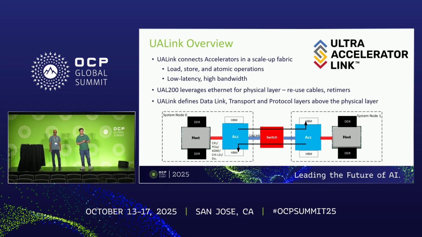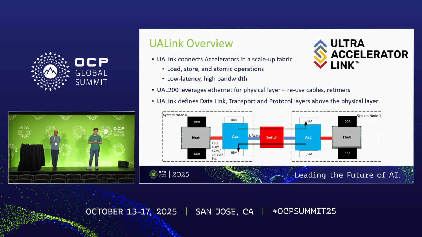So UALink is a scale-up fabric implementing load, store, and atomic operations between accelerators and enabling access to memory on those accelerators. UALink is focused on low latency and high bandwidth. The first UALink base specification to come out was the UALink 200 specification.